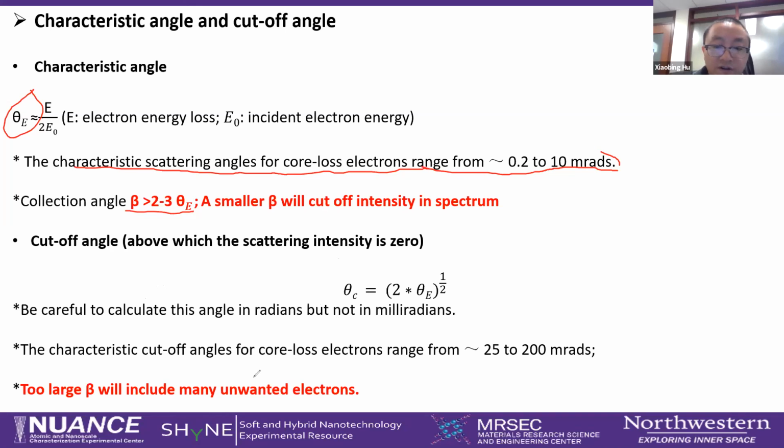Usually the cutoff angle for core-loss electrons should be about 200 milliradians, so your collection angle cannot be very large. For example, if your sample's cutoff angle is only 25 but your collection angle is 100, then this is not good because you collect many other signals not related to your element. It may not be good for your quantification. So you need to select the suitable collection angle.